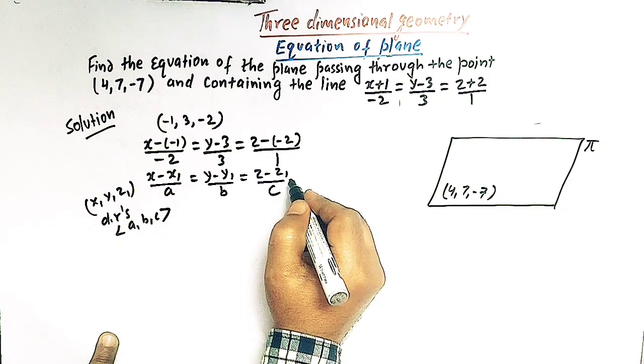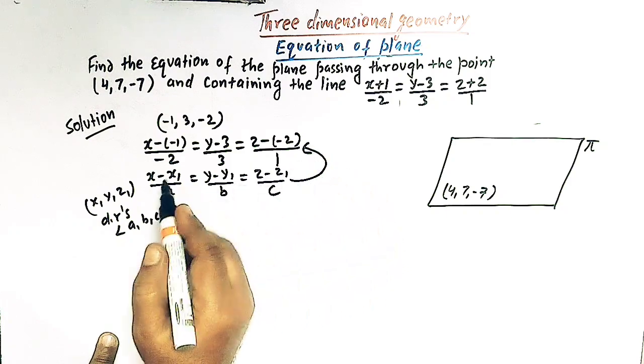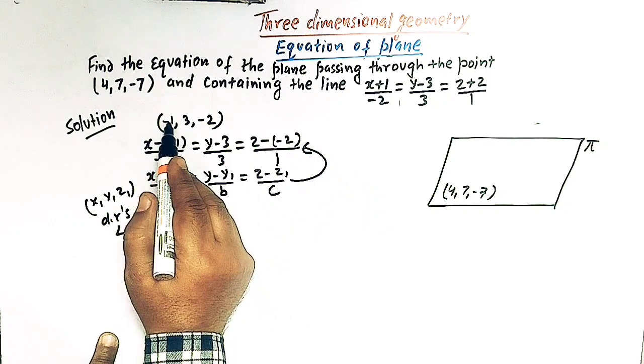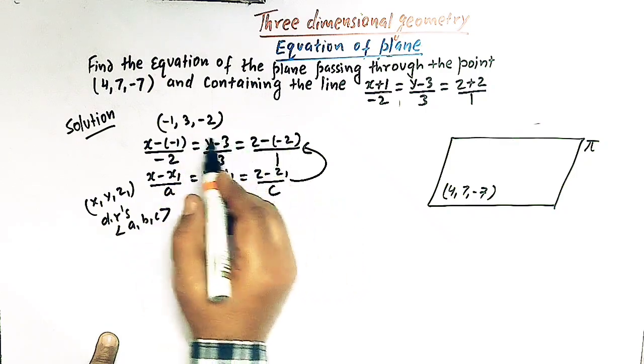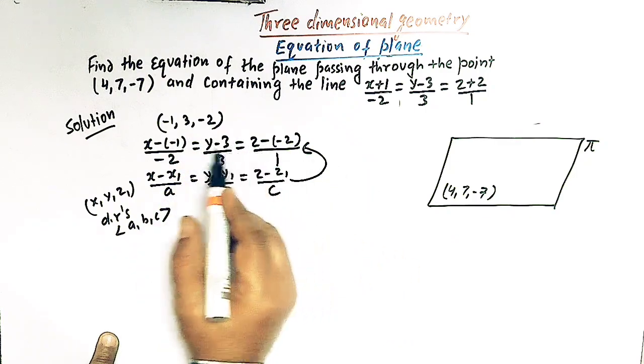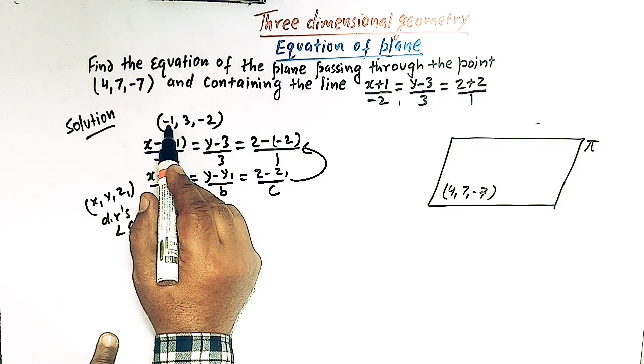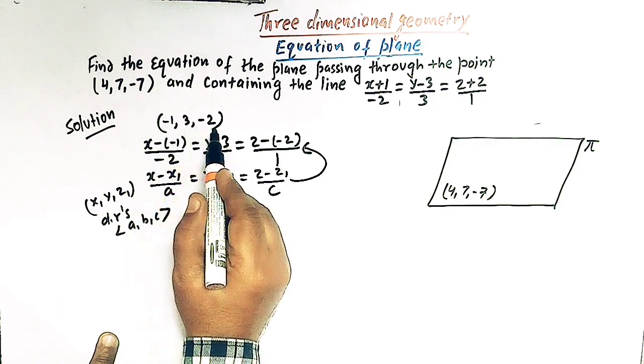So if we compare this line with this one, then x1 is minus 1, y1 is 3 and z1 is minus 2. So this line passes through this point, minus 1, 3 and minus 2.